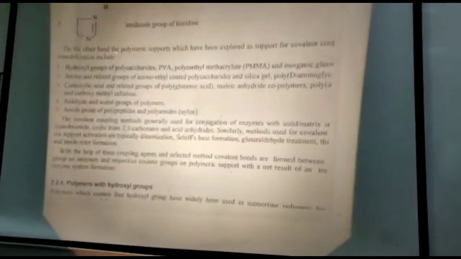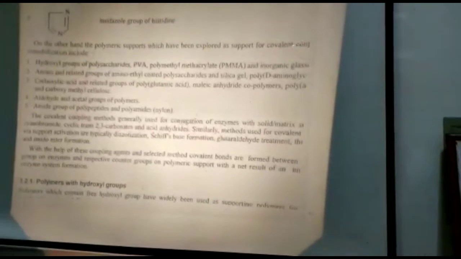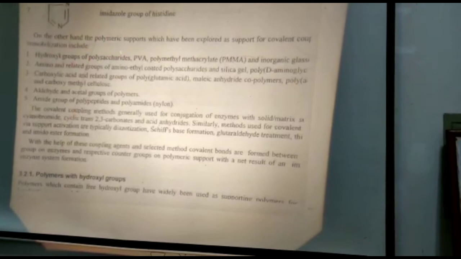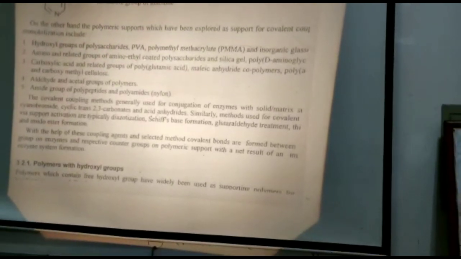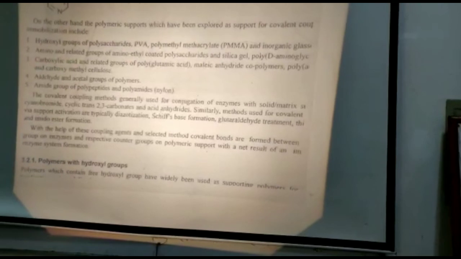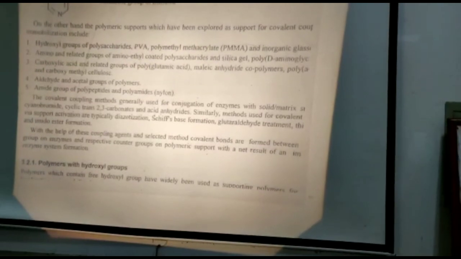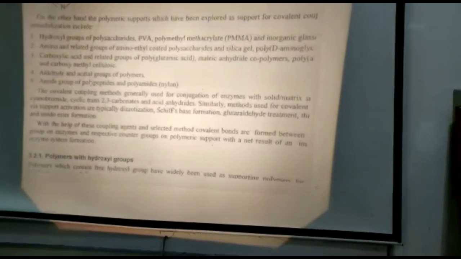On the other hand, the polymeric supports which have been explored for covalent immobilization include hydroxyl groups of polysaccharides, amino and related groups of aminoethyl-coated polysaccharides, then carboxylic acid and related groups of polyglutamic acid, maleic acid, and so forth, aldehyde and acetyl groups of polymers, and amide groups of polyamides.